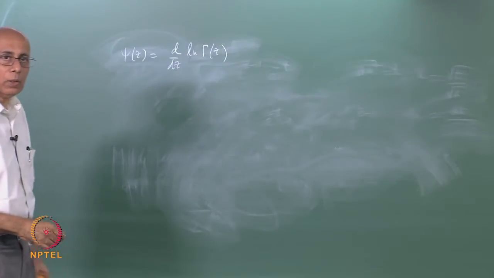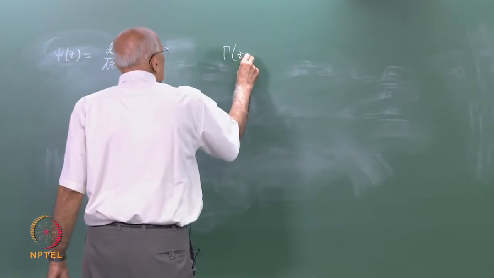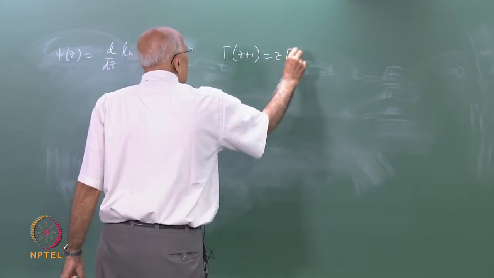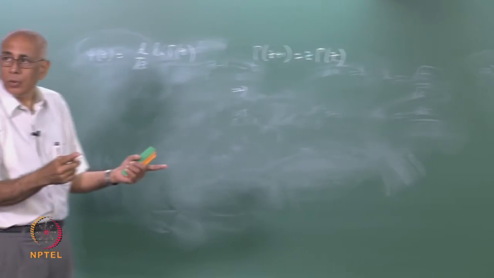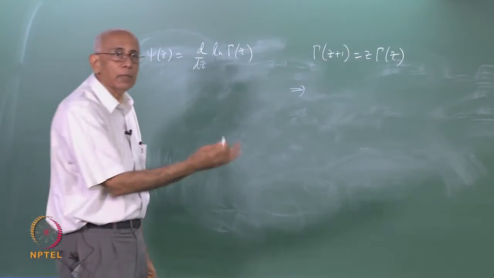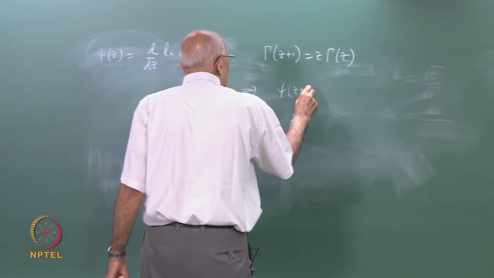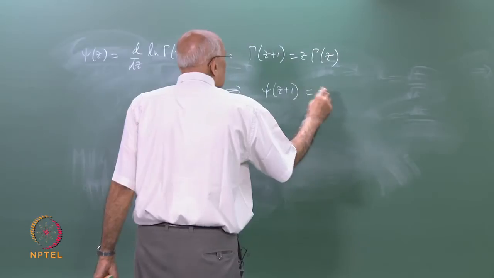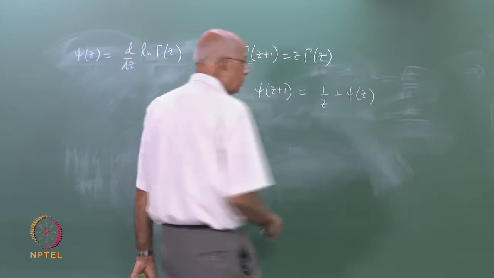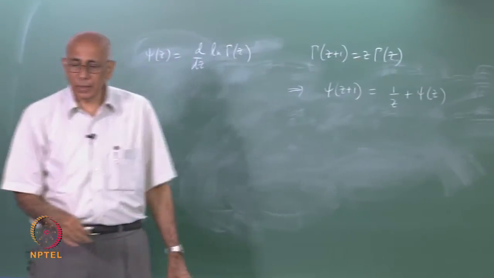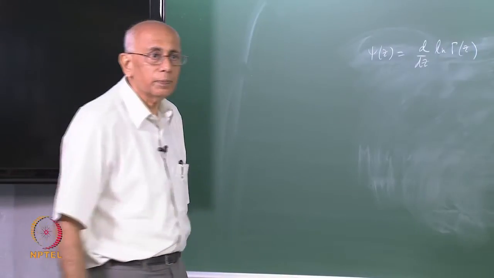That was a log derivative, and recall that you have a functional equation: gamma of z plus 1 is z gamma of z, which will of course imply, if I take the logs on both sides and differentiate and divide by the appropriate gamma function, psi of z plus 1 equals 1 over z plus psi of z. That is the functional equation satisfied by the log derivative of the gamma function.